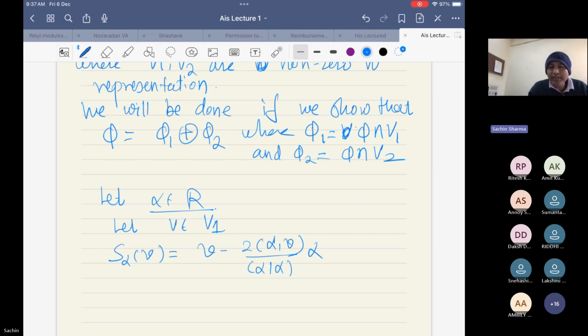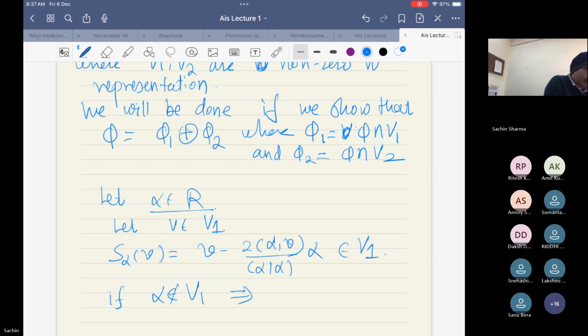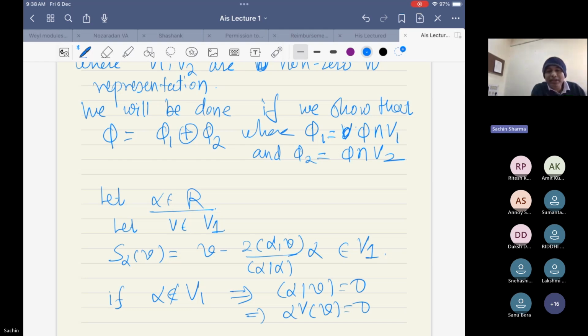Anybody from the audience? V1, because V1 is a sub-representation. Yeah, absolutely, Sanu. So this is because it is W invariant, so it belongs to V1. But if alpha does not belong to V1, what would that imply? That would imply that alpha check of v is equal to 0.